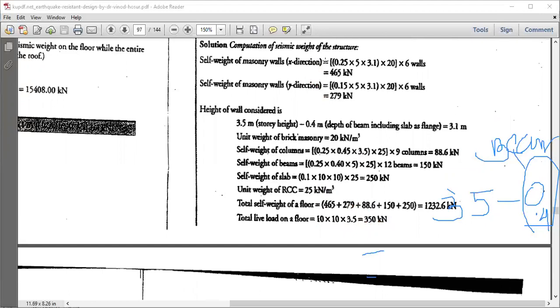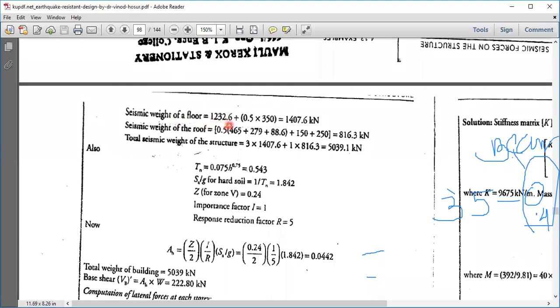Next we have seismic weight of the floor. I have to consider the dead load plus 50% of the live load. From the code book I know that I have to consider 50% for 3.5. So dead load plus this, that is 1407.6 kilonewton. Seismic weight of the roof, only the roof.